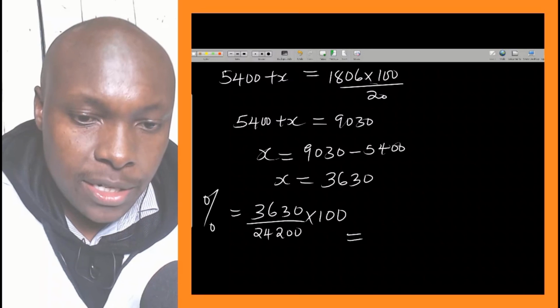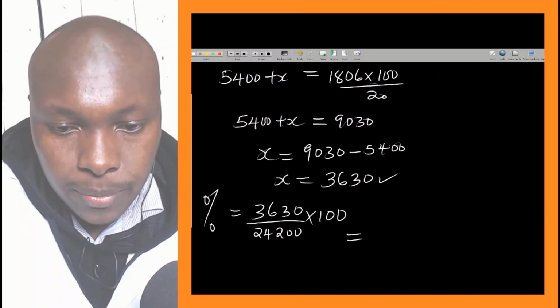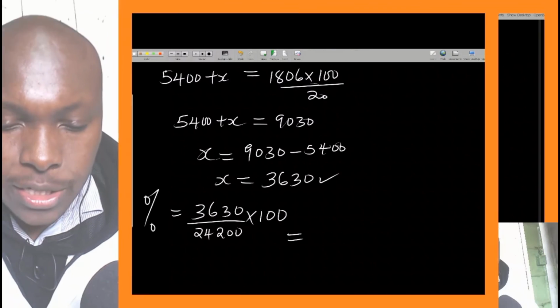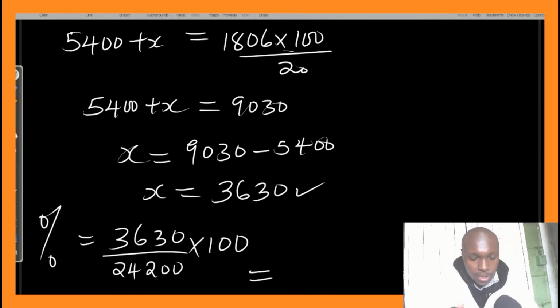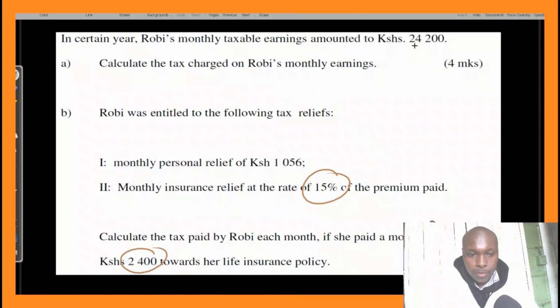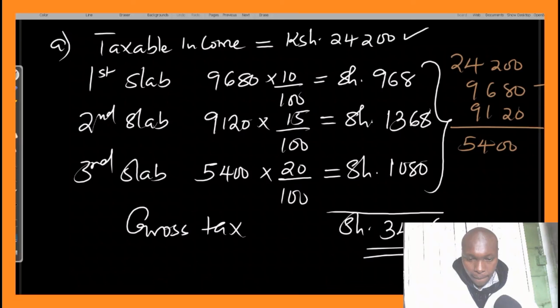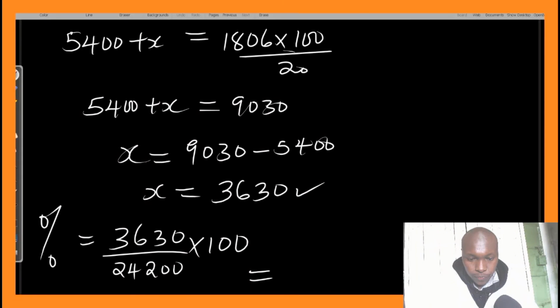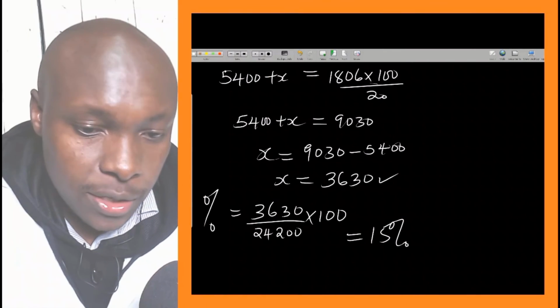So after getting the increase, you just get percentage increase equals increase divided by the original income. The original income is given in the first statement, in a certain year. So working out 3630 divided by 24,200 multiplied by 100, this will give 15%. And that is simply how you're supposed to solve that question. Thank you.